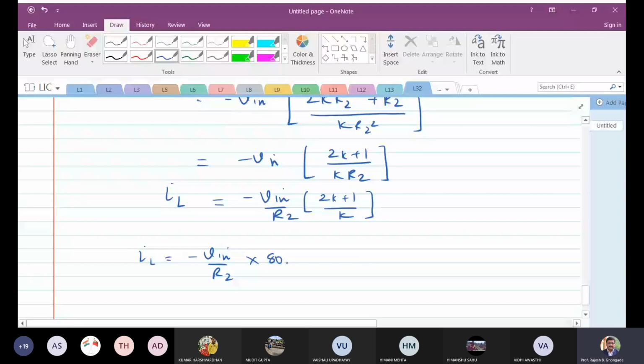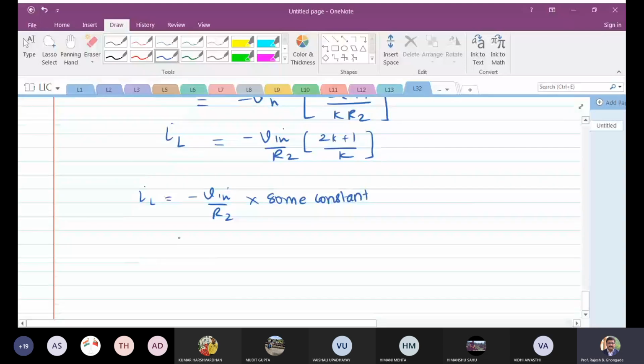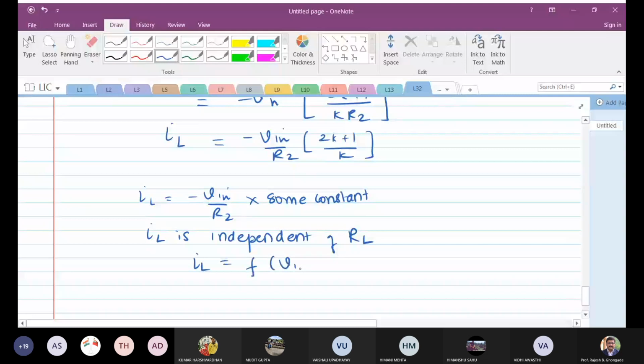And does this involve RL? No, sir. So IL is again independent of RL, but IL is a function of Vin. So we have V to I conversion.